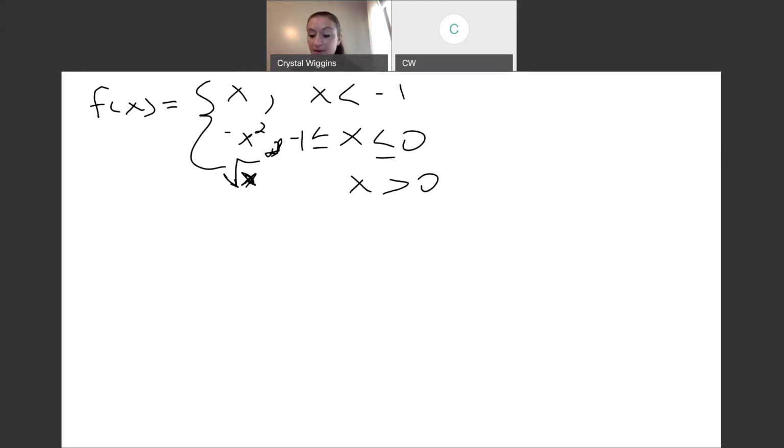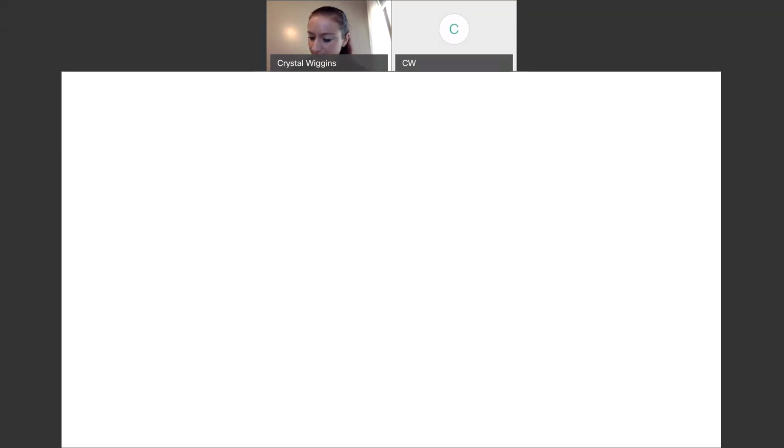Now, I know this isn't the neatest looking function that I'm writing, but that's why it's in the PowerPoint. So let's start to graph this. Let me write this over, just to be a little smaller, so I can actually graph.